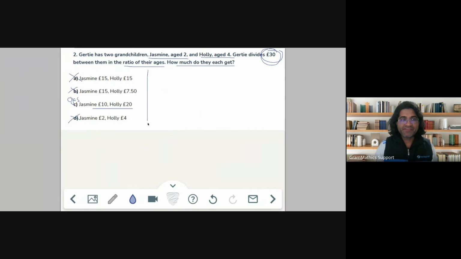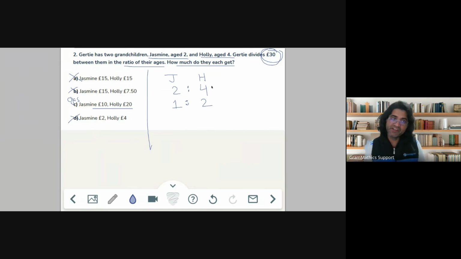So the method here will be, you write J for Jasmine, H for Holly. Jasmine's age is 2, Holly's age is 4. If you simplify this it will become 1 and 2, the ratio. Because money has to be divided in the ratio of their ages, Jasmine will get 1 part of it, Holly will get 2 parts of it.